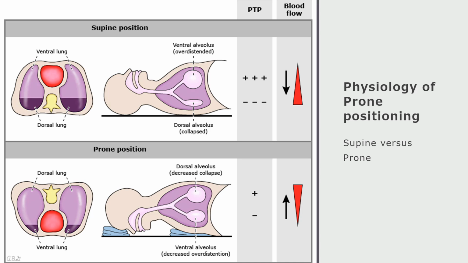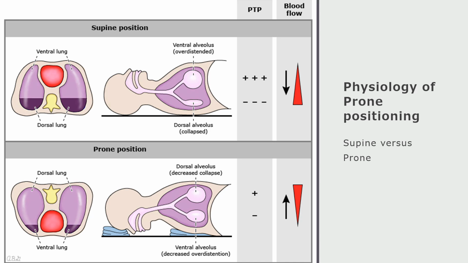Distending pressure of lung is determined by the transpulmonary pressure. When an individual is supine, the ventral transpulmonary pressure significantly exceeds the dorsal transpulmonary pressure, resulting in greater expansion of the ventral alveoli than the dorsal alveoli. This effect is exaggerated in acute respiratory distress syndrome such that ventral alveoli become overdistended and dorsal alveoli become atelectatic.